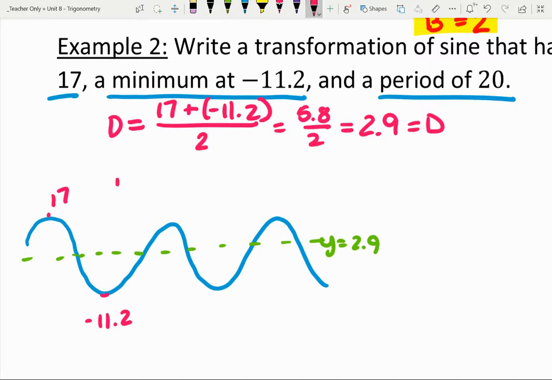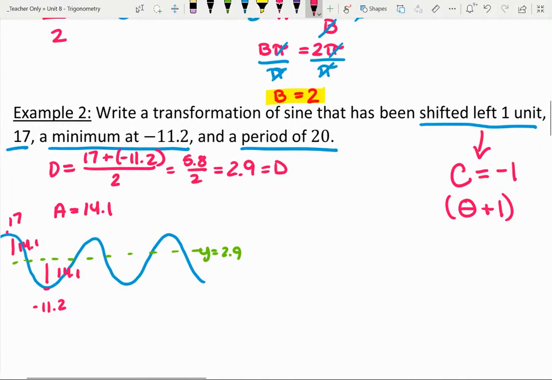However you choose to do that, you should get an A value of 14.1. That would be the distance from the midline to either the maximum or the minimum. All right, so we have a C value, a D value, an A value, and last we need is a B value.